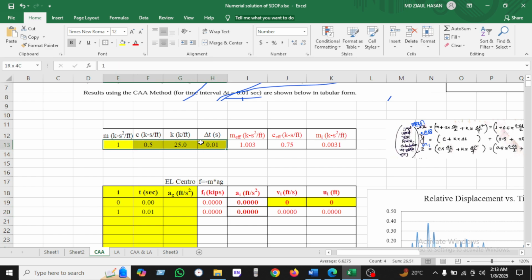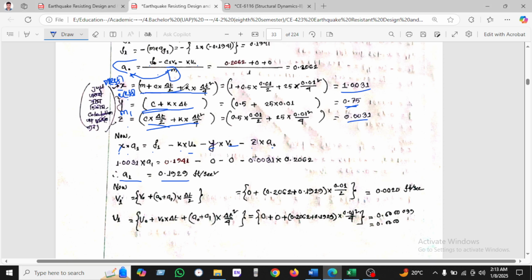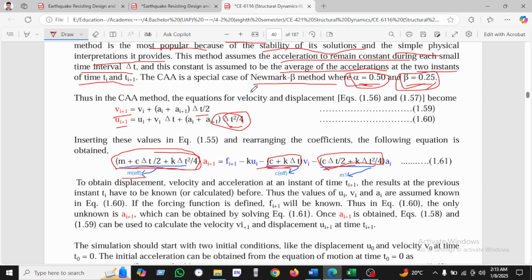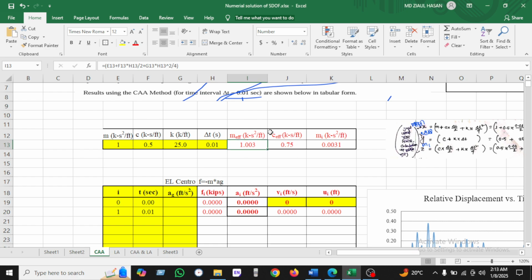At first the values are given and we find M effective. How will we get M effective? M effective is nothing but this part.